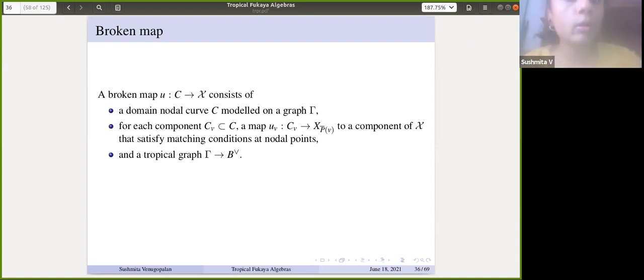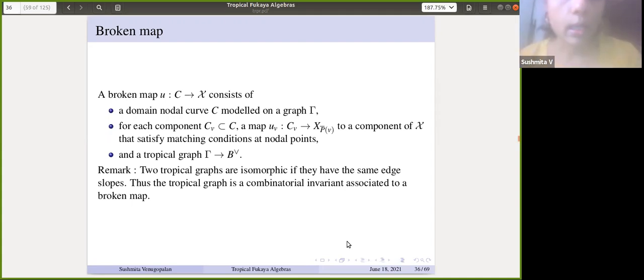A broken map also consists of a tropical graph, which is a map from the graph underlying the curve to the dual complex. And the tropical graph is actually a combinatorial invariant of the map, because if two tropical graphs have the same edge slopes, we declare them to be isomorphic. So it's not something that deforms as you deform the curve.